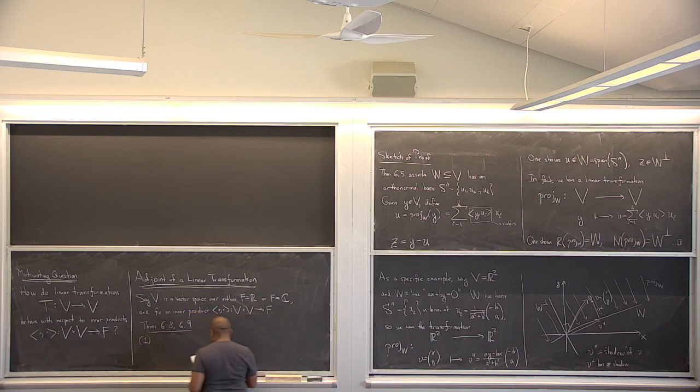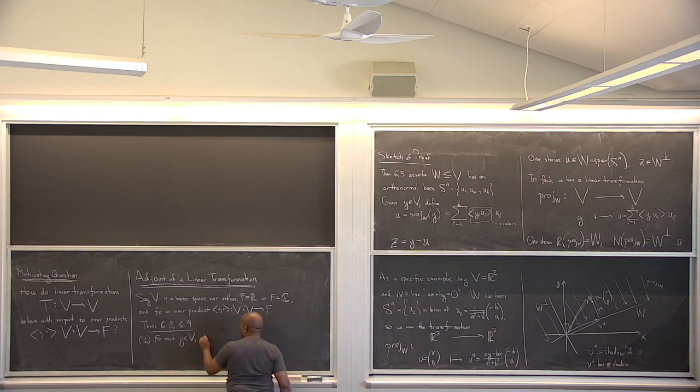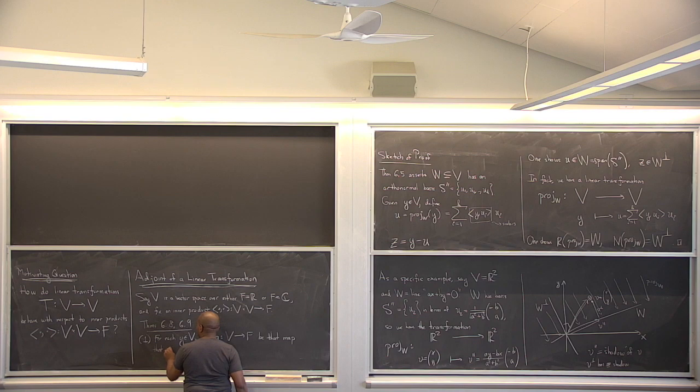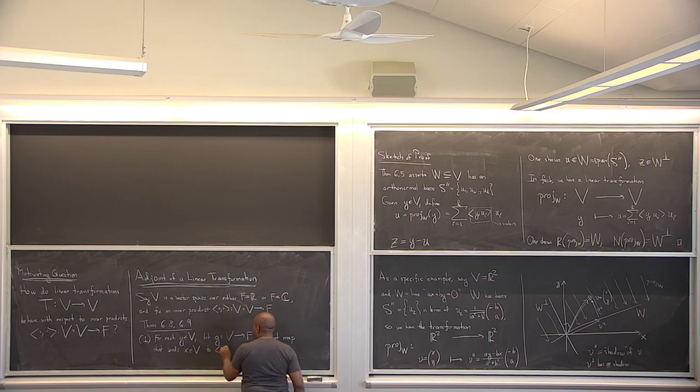So first of all, let's say that for each y in V, let G be that map that sends x in V to this inner product, xy, in F. Right, so again, G is a map that takes a vector x and it returns back the scalar inner product of x and y. So the statement is that this is a linear transformation.